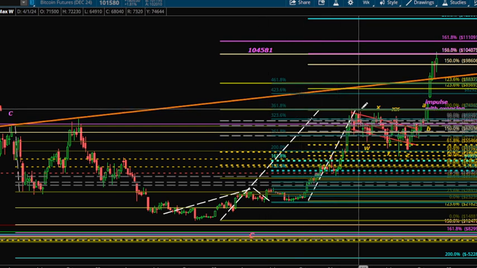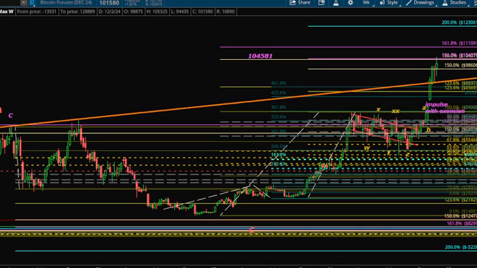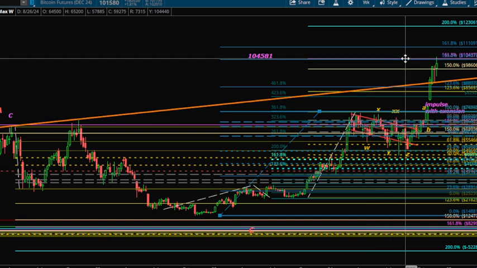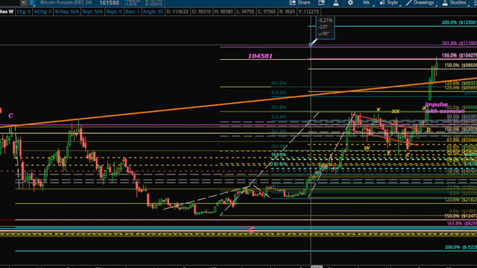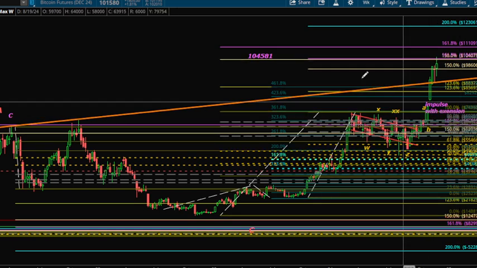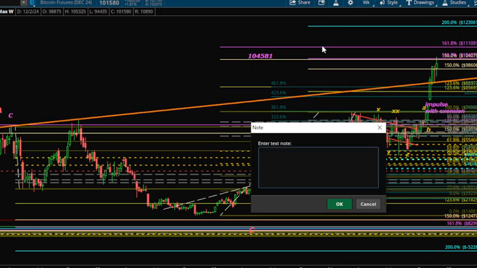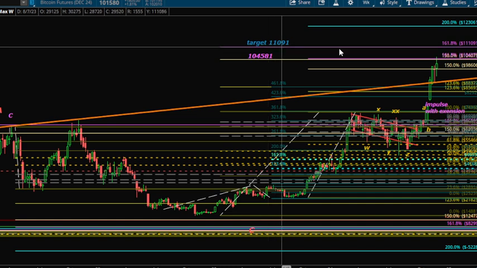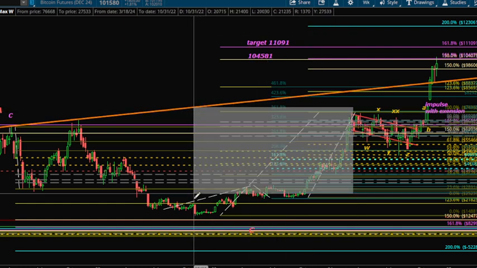and our next target is 111.091. Okay, and that's based off this first leg here.